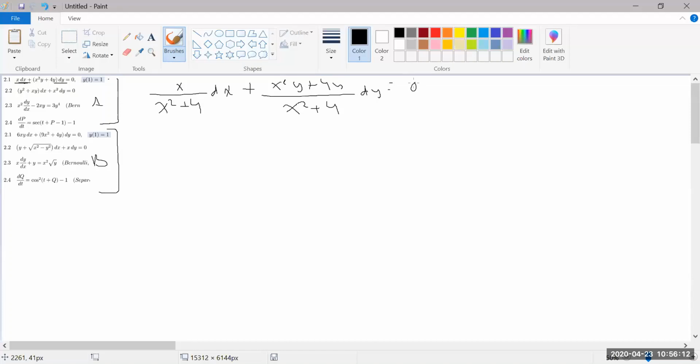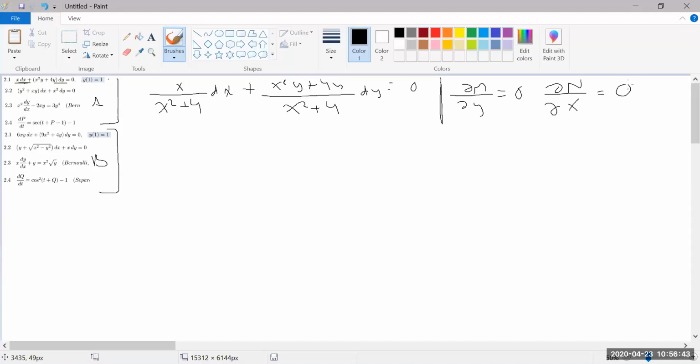Okay, so if you want to check, we can take the partial of these again. They're going to be 0, so if you take the partial of m with respect to y, you get 0 because there are only x terms in that. And then the partial of n with respect to x, you'll also get 0, which is great.